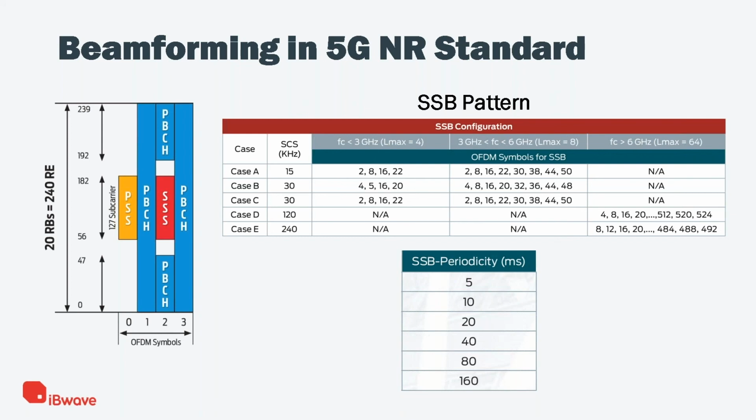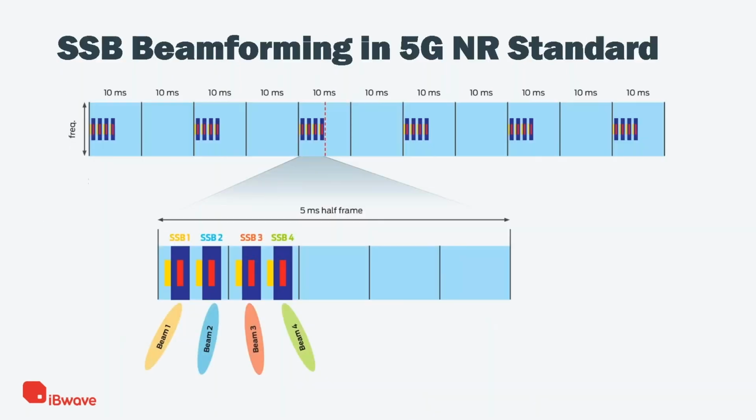burst. So how will this look in a real radio frame? What you see here is a sample radio frame, and you can see that these SS bursts are confined within 5 milliseconds, which is half a radio frame.